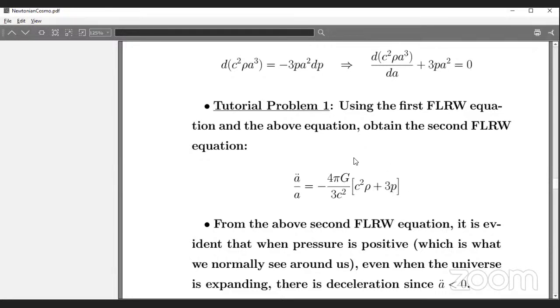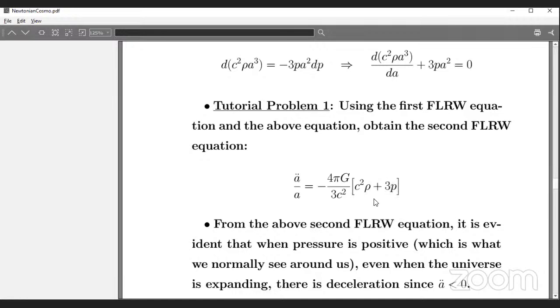Now note, from this second derivative of scale factor divided by scale factor form of the second FLRW equation, we get a very important result. And what is this? Normally for standard matter that we encounter, whether it is gaseous matter or black body radiation, etc., we know that energy density is positive.